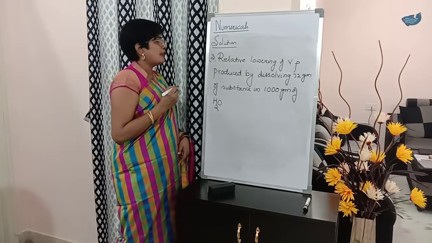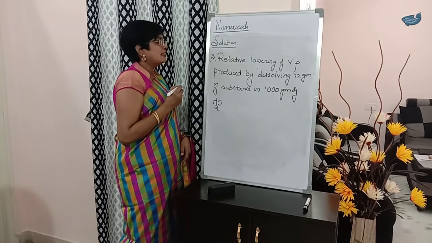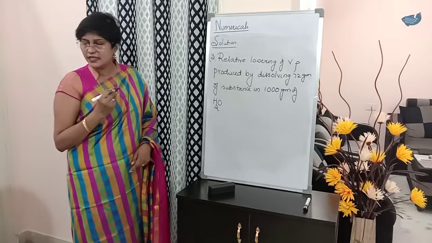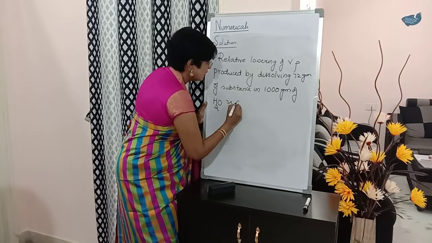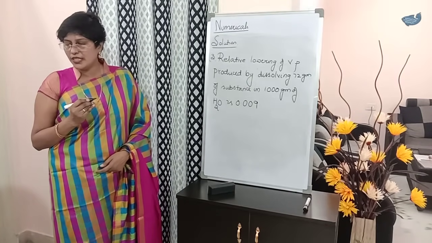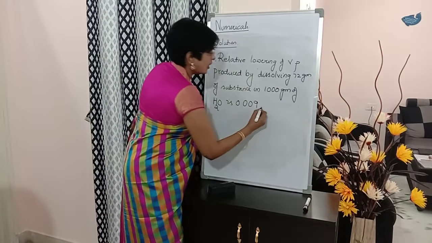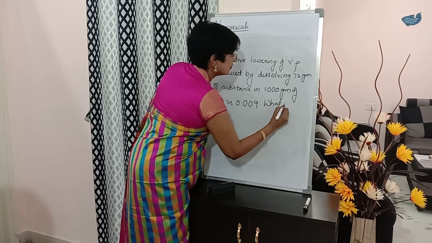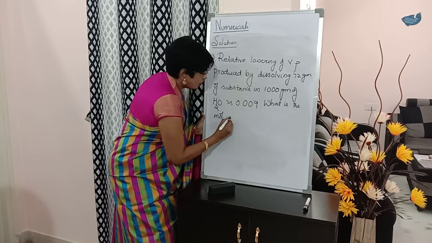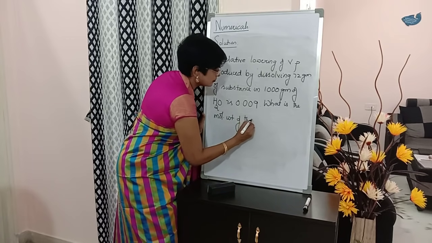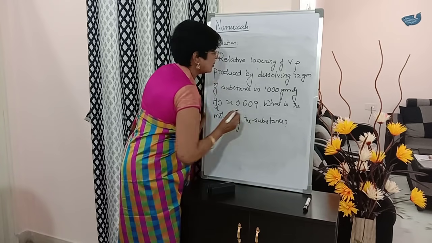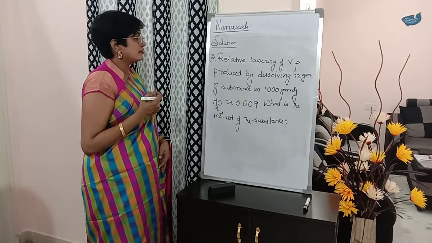Relative lowering of vapor pressure produced by dissolving 72 grams of substance in 1000 grams of water is 0.009. Full stop. What is the molecular weight of the substance? What is the molecular weight of the substance?